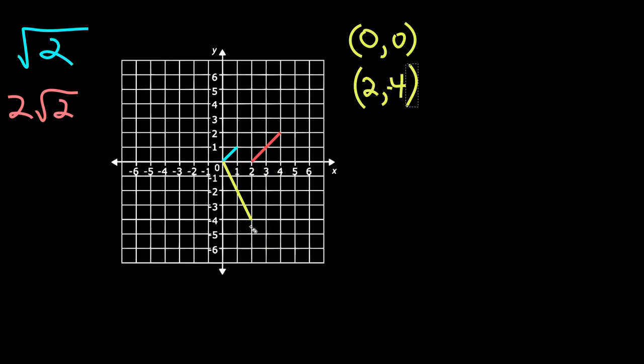If we can form a right triangle using this line, then we'll easily be able to find its length. So we'll make a right triangle here, and then we'll be able to find the length of this hypotenuse line. So the leg on the left that goes vertically, what's its length? Its length is 4.